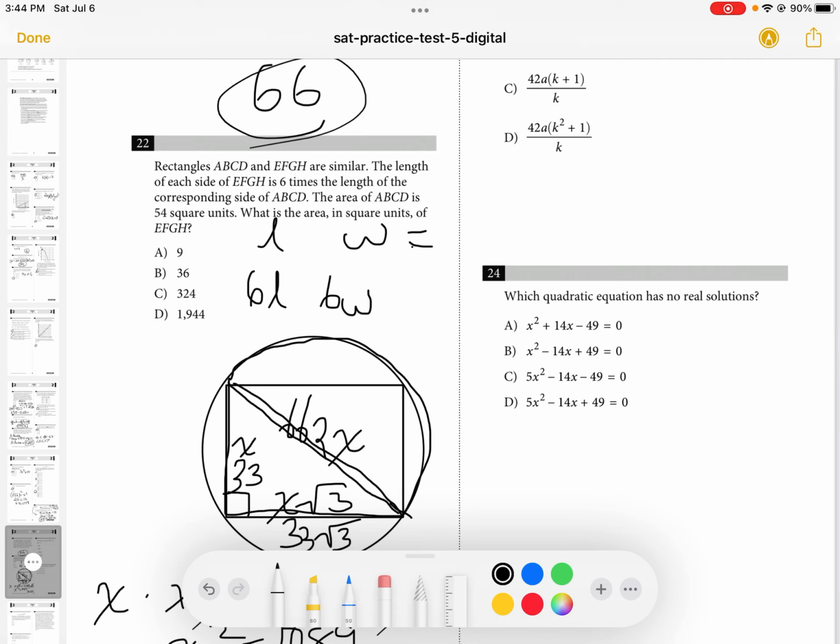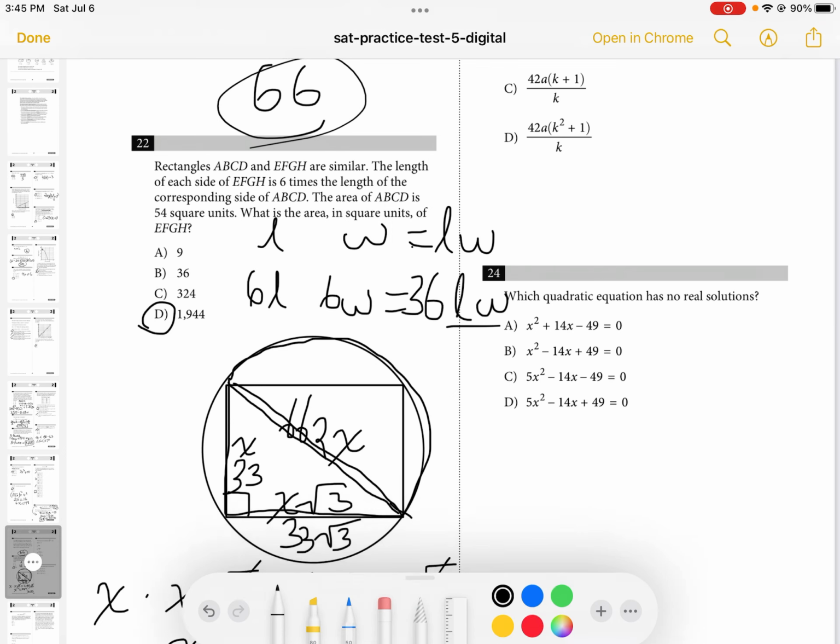Now the area of rectangle ABCD will be LW, but the area of rectangle EFGH will be 36 LW, which is 36 times the area of ABCD. We're given that the area of ABCD is 54, so the area of rectangle EFGH will be 36 times 54, which is 1944, and that's choice D, okay? And we move on.